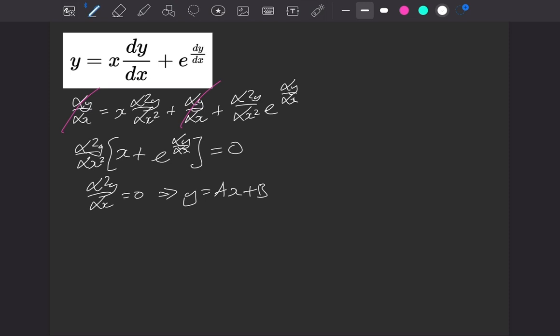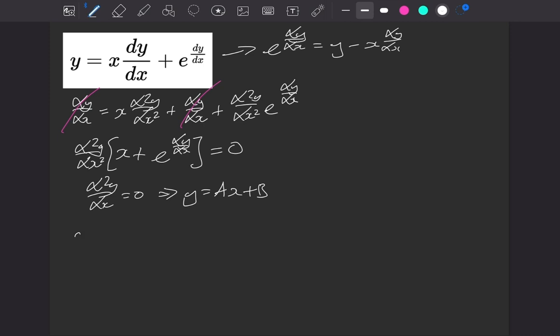Looking at the other bracket then, when that equals 0, what we can do is first of all replace our e^(dy/dx). If we rewrite our original equation, we know that e^(dy/dx) is equal to y minus x dy/dx. So we'll sub that in and rewrite.